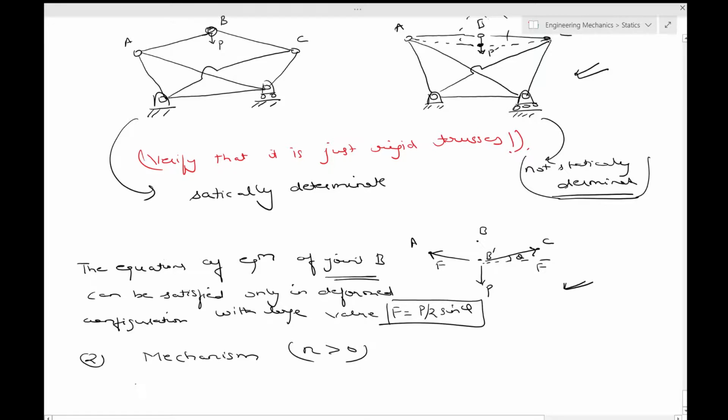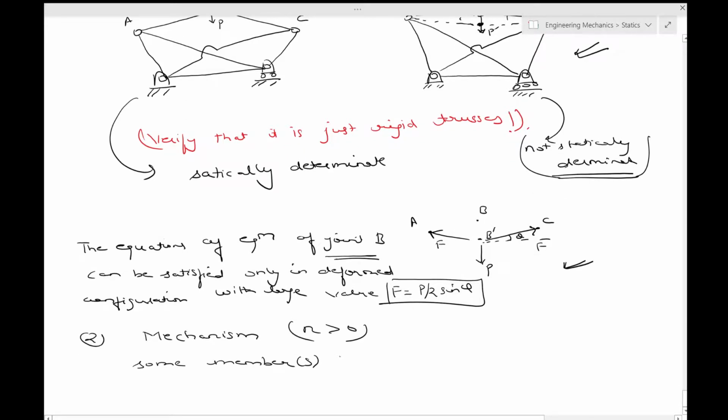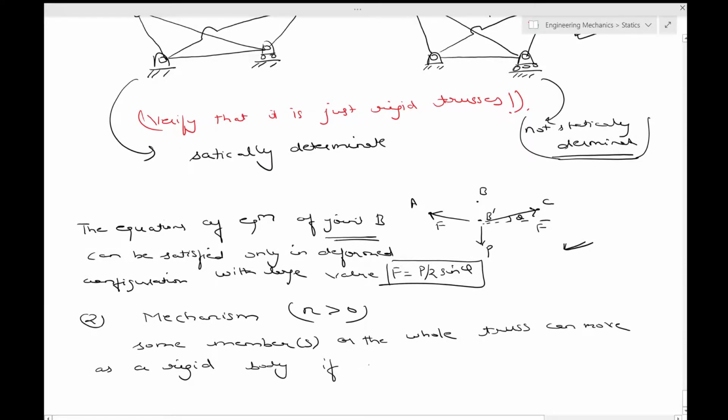So some members or the whole truss can move as a rigid body if c is smaller than 6 for a space truss.